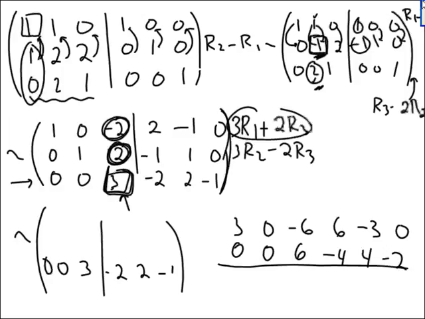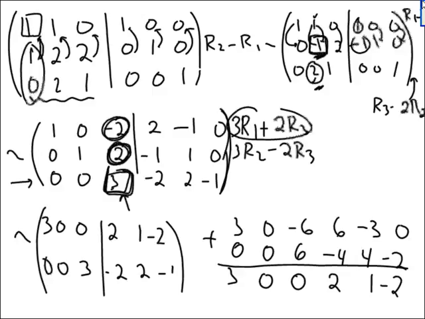And if I just happen to add these rows of numbers, I get 3, 0, 0, 2, 1, negative 2.